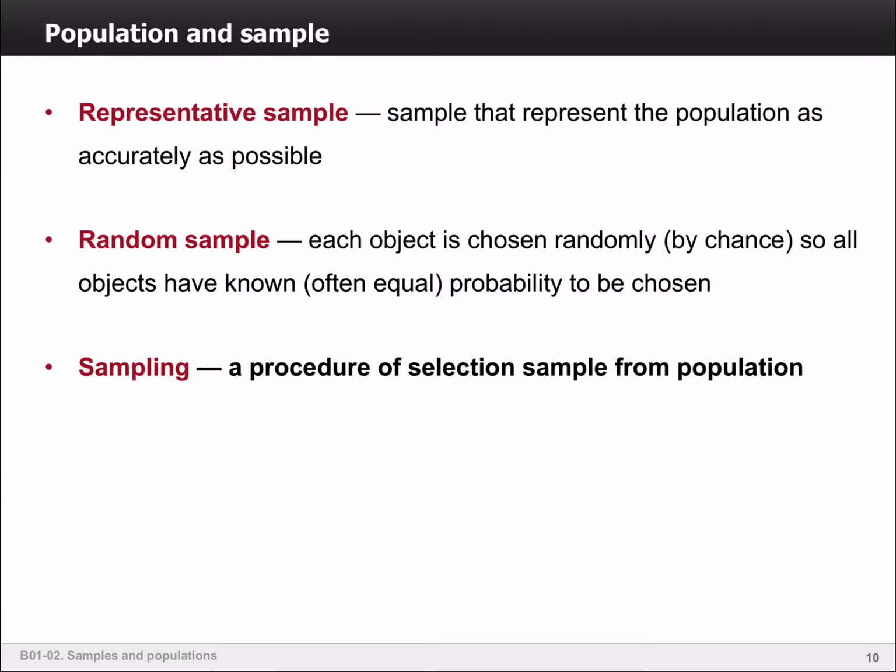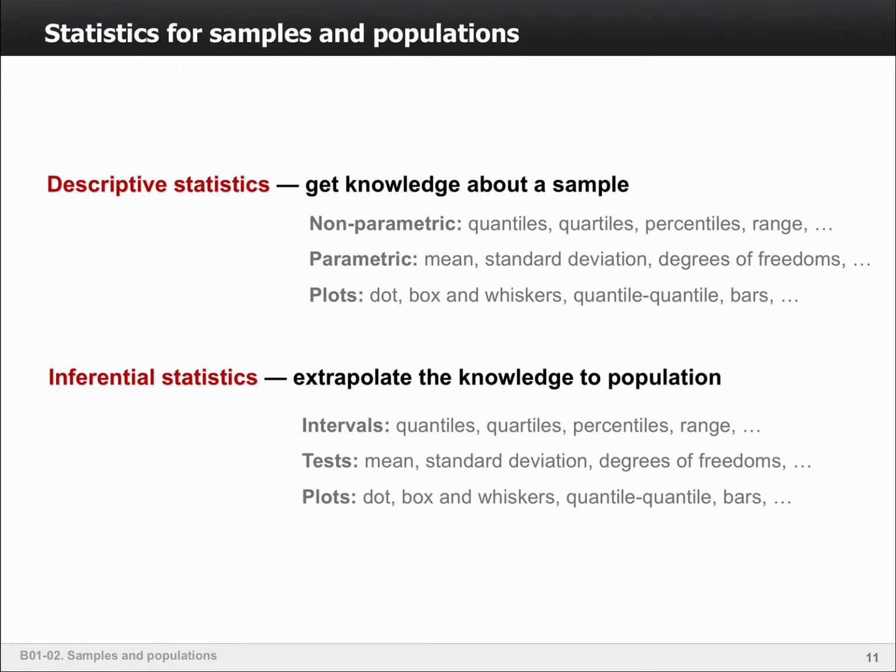So only in this case will inferential statistics work. So we assume that our sample is indeed random and representative. And in this case, we have to use a special set of methods which are called inferential statistics. And you already know that inferential statistics is based on calculation of different intervals and hypothesis testing. So my goal in this learning sequence is to remind you of the main things about confidence intervals and hypothesis testing.